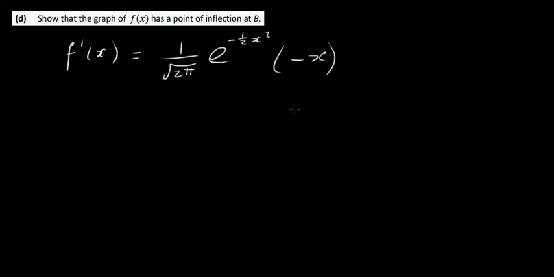The first differential that we got was 1 over the square root of 2 pi e to the power of minus a half x squared, and then we had a minus x here as well. This is what we got when we differentiated the function the first time.